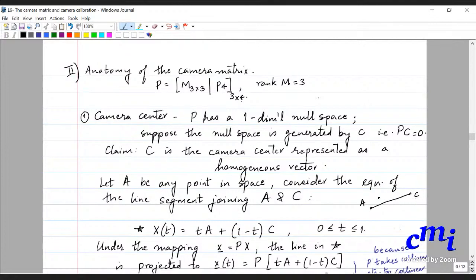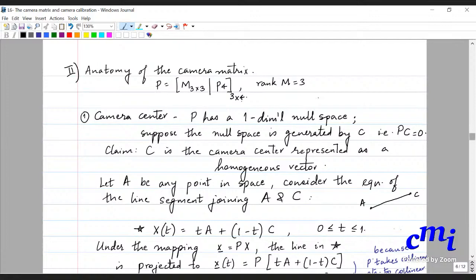Consider the equation of the line that joins A and C. The parametric equation I can write as X(t) equals tA plus (1 minus t) times C, where t varies between 0 and 1. If you take t equal to 0, that is going to give you the point C. T equal to 1 is going to give you the point A, and for other values of t between 0 and 1, you will get intermediate points on this segment.